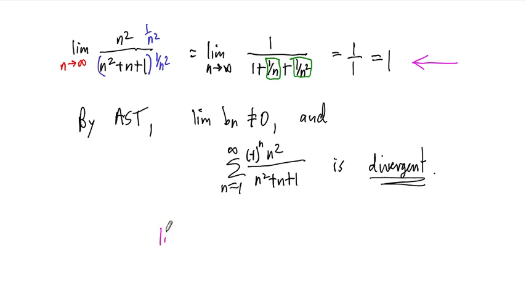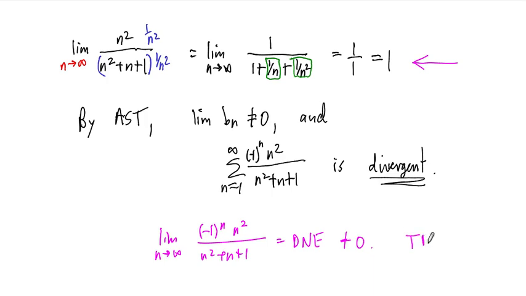So the limit as n approaches infinity of negative 1 to the n times n squared over n squared plus n plus 1 does not exist, and if it does not exist, then it does not equal 0, and so actually the test for divergence applies to this series. Either way is fine. You get the same result. This alternating series is divergent.